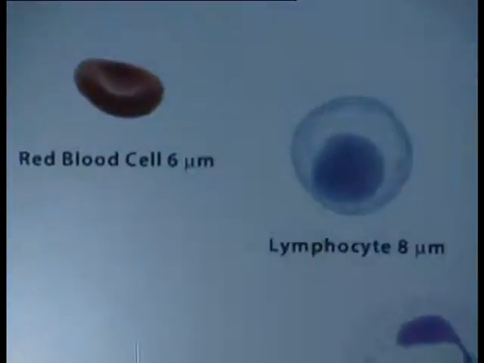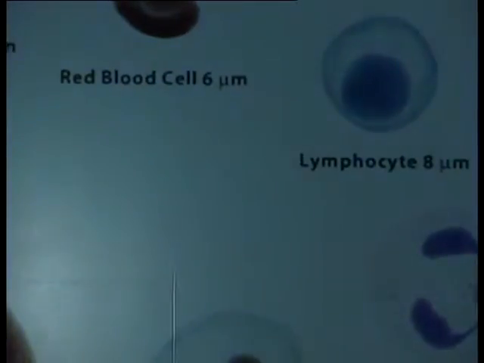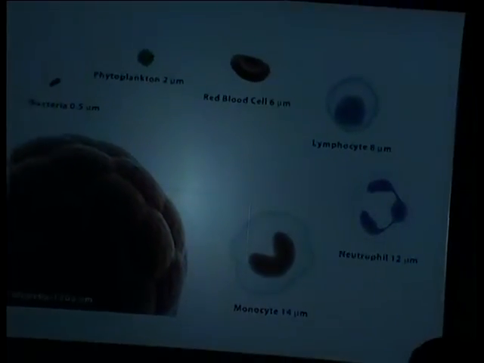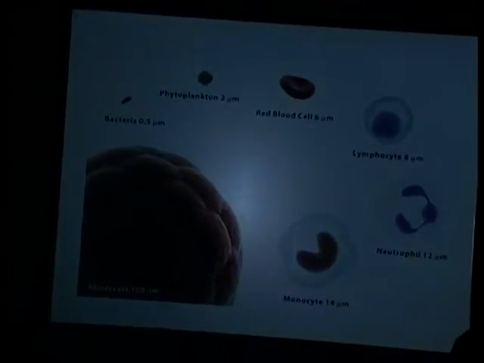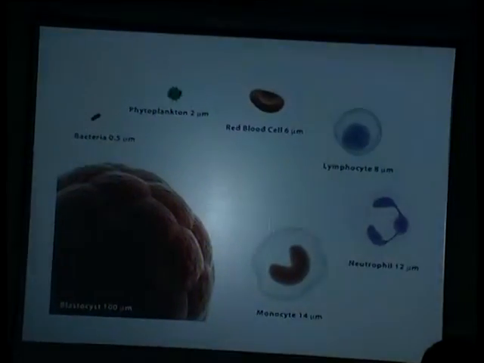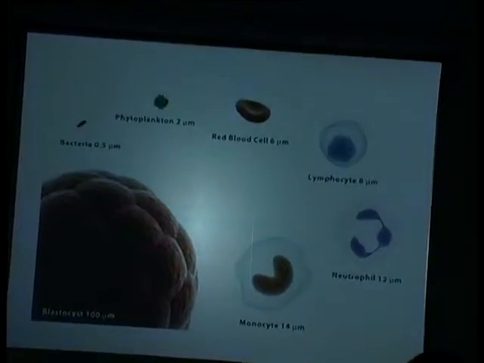I just show you the diversity, why biology is so interesting, and why solving a fundamental biology problem is so difficult. So this is simply the size.